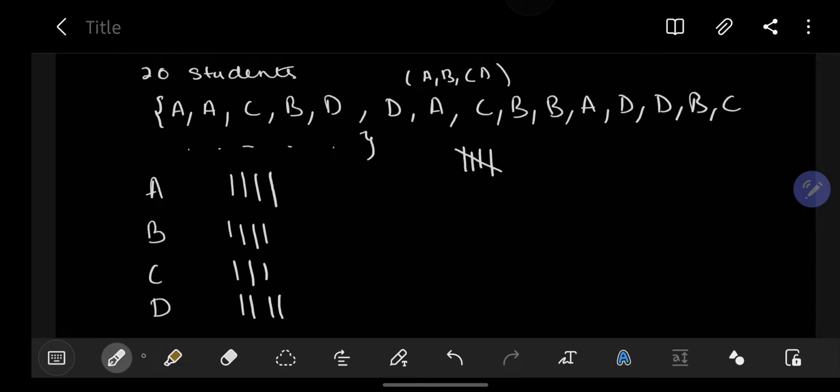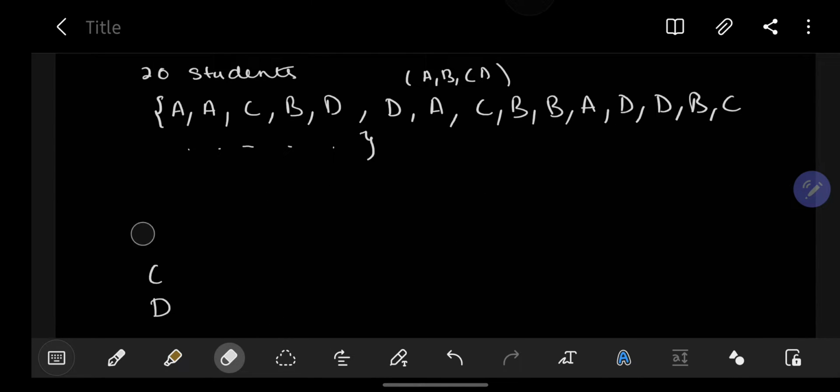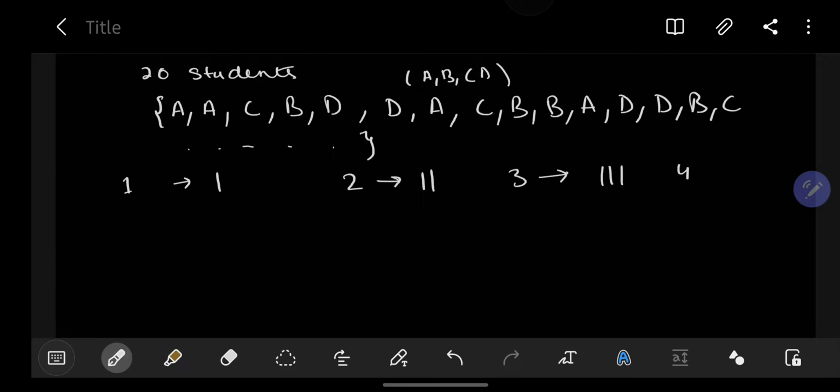Those who don't know how to calculate tally marks, let me just write it down numerically. 1 will be like this, 2 will be denoted by 2 lines, 3 will be denoted by 3 lines. Similarly for 4. Now here's a twist: 5 will be denoted like this. For 6, it's a bundle of 5 plus 1 line.